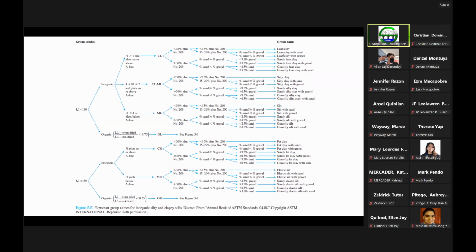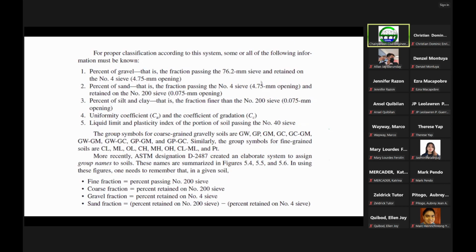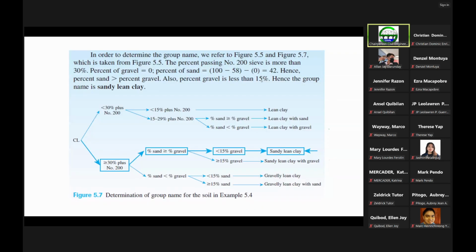So here let's check further the plus number 200 sieve.